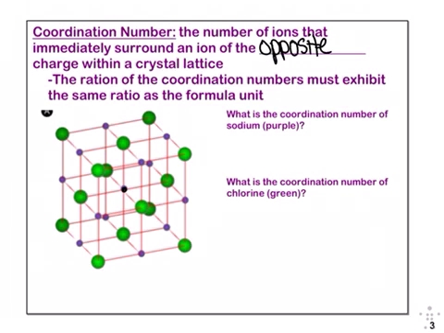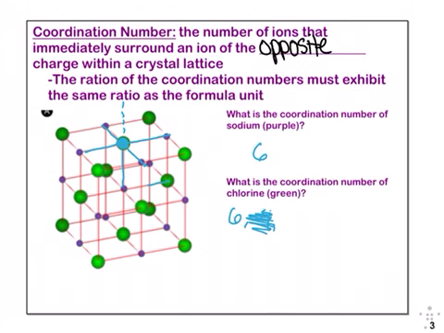What would be its coordination number? This is like a counting kind of thing. We're going to count 1, 2, 3, 4, 5. And which one are we missing? The one up. So the coordination number of sodium is 6, and the coordination number of chlorine is also going to be 6.